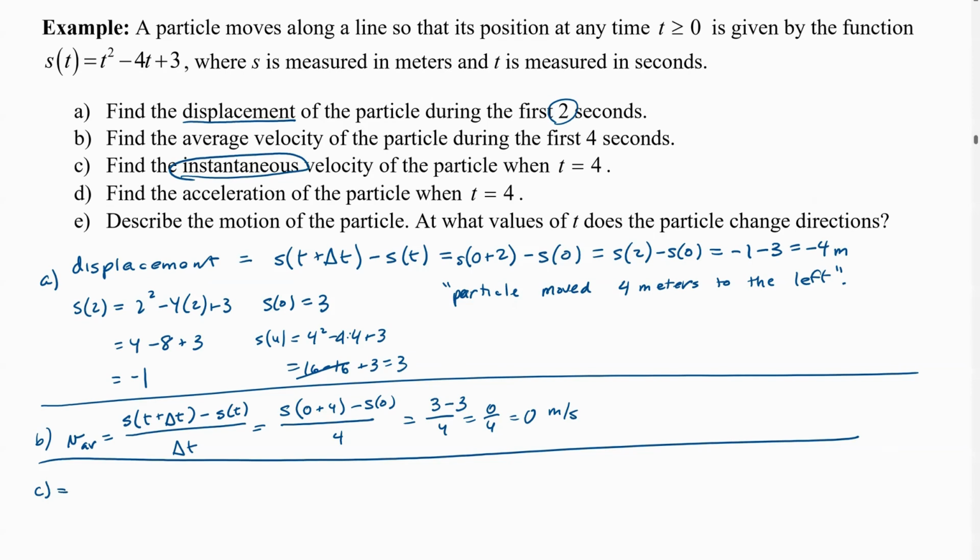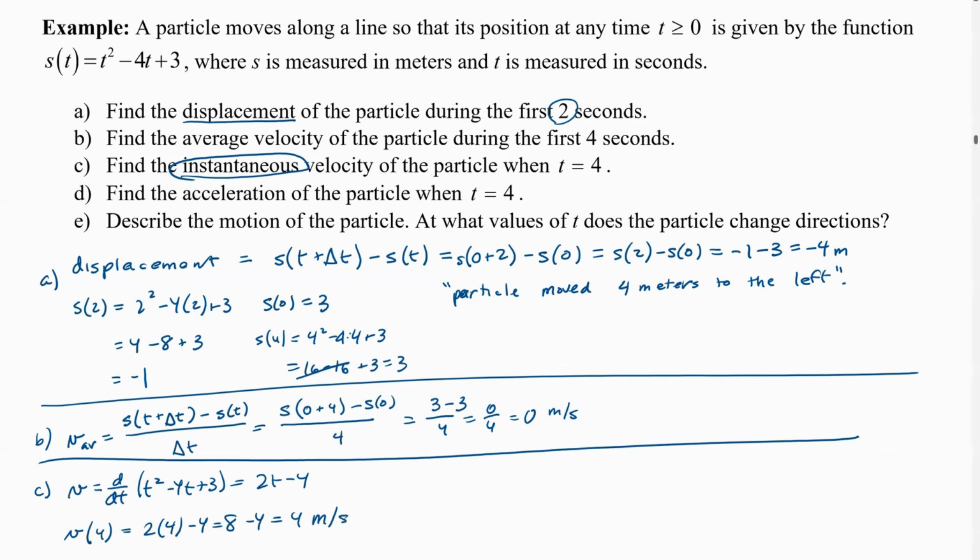Now, is that the same as the instantaneous? Well, for the instantaneous, we're actually going to need to find just the plain old velocity, the instantaneous velocity, which we do by taking the derivative with respect to time of the position equation, which is going to give us 2t minus 4. That means the velocity at 4 is 2 times 4 minus 4, 8 minus 4, which is 4.